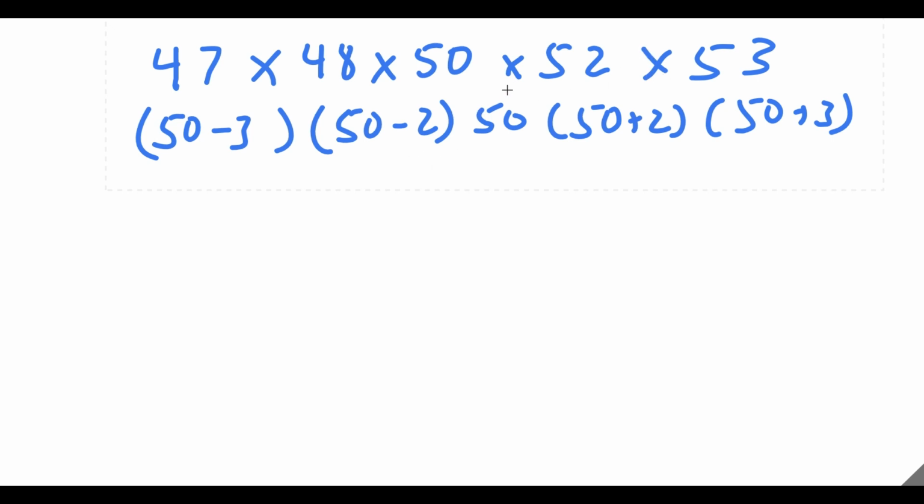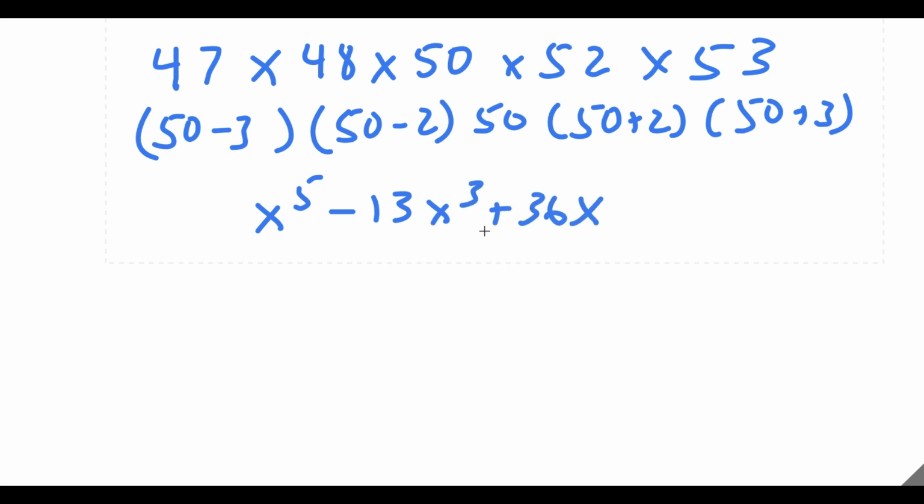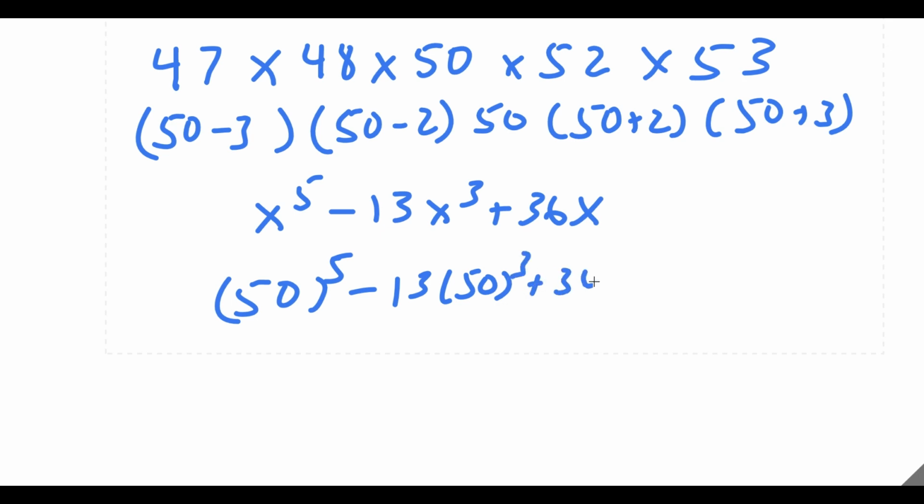Now if we let 50 equal x, and if we multiply everything out, again we get x to the power of 5 minus 13x to the power of 3 plus 36x. Now if we plug in 50 for x again, we get 50 to the power of 5 minus 13 times 50 to the power of 3 plus 36 times 50.